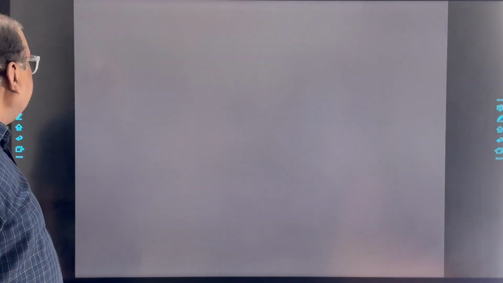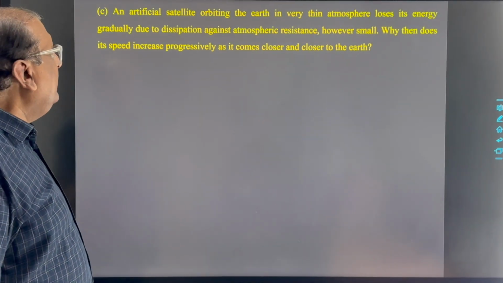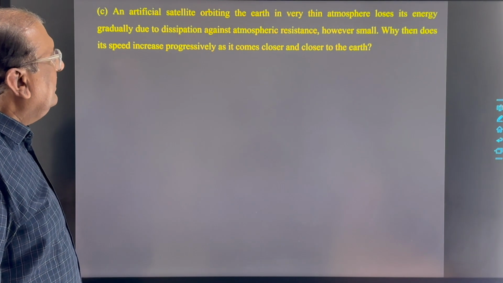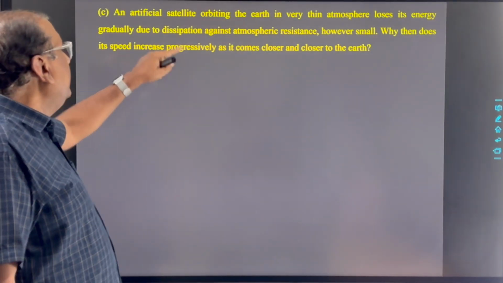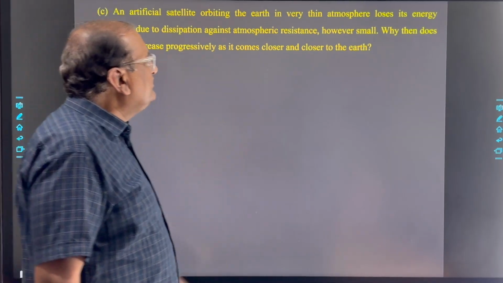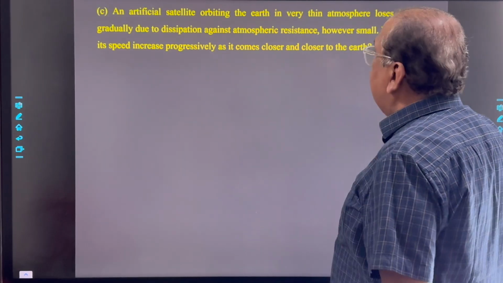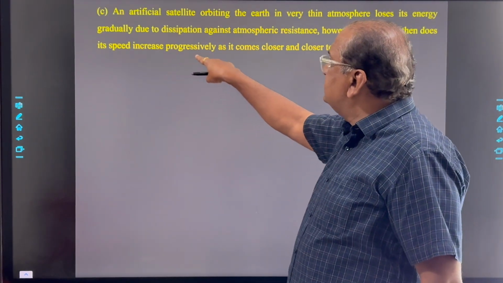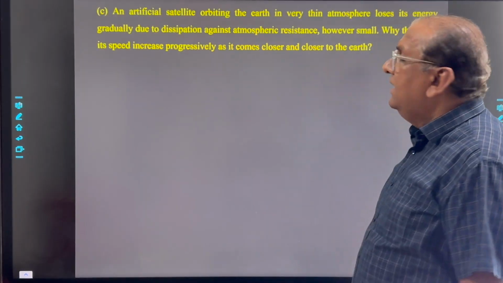Clear? Then C. An artificial satellite orbiting the earth in very thin atmosphere loses its energy gradually due to dissipation against atmospheric resistance, however small. Why then does its speed increase progressively as it comes closer and closer to the earth?